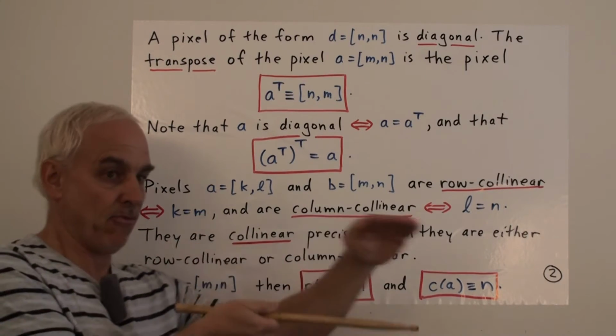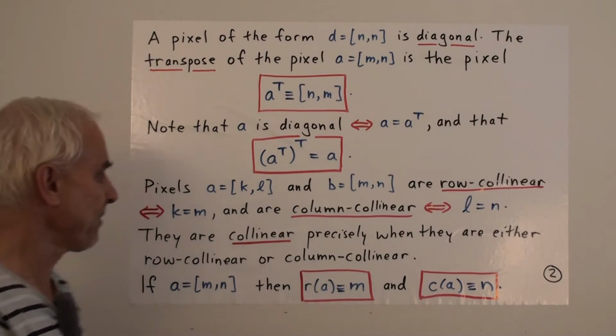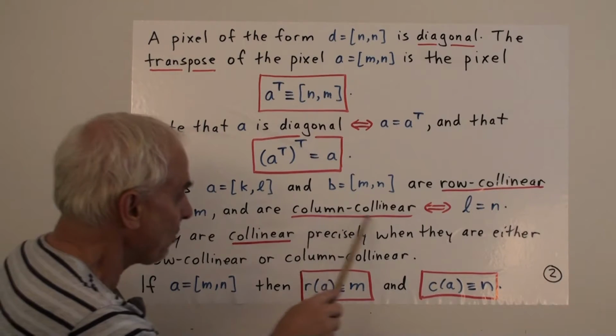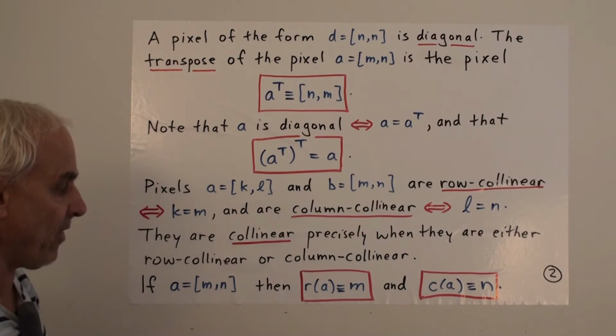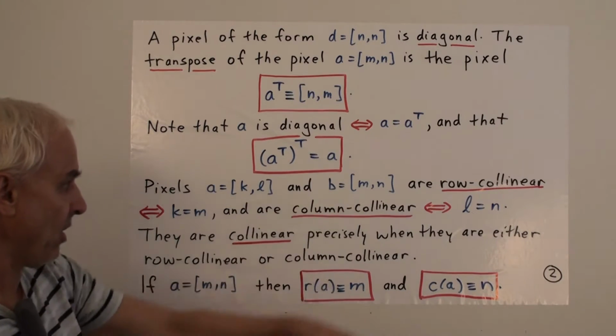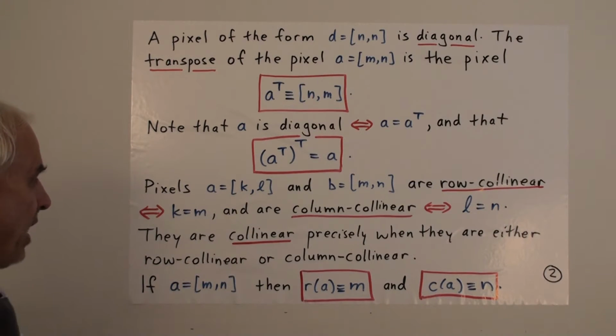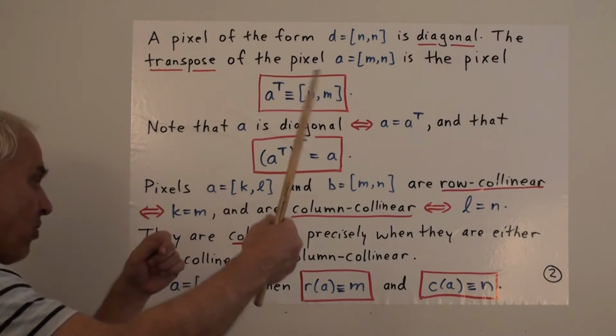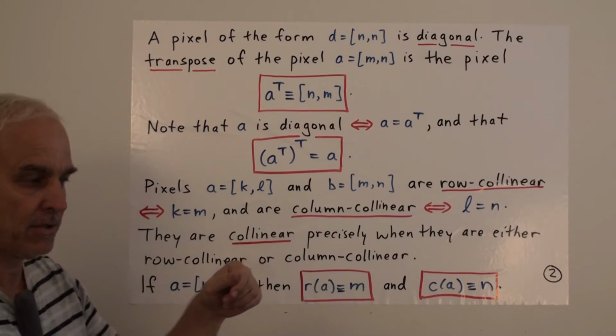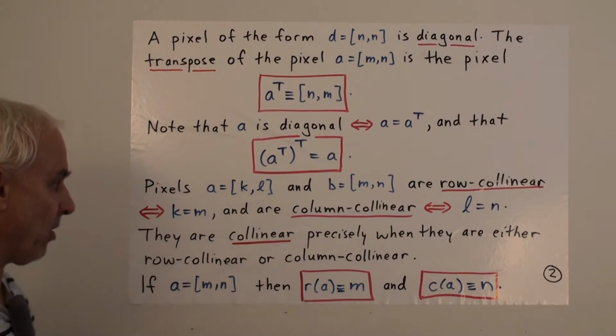Diagrammatically, that means they're in the same row of our screen. And correspondingly, they are column collinear precisely when the second entries match up, when L equals N. That's telling us that they're in the same column. And more generally, we'll say they're collinear precisely when they are either row collinear or column collinear. So they're either in the same row or in the same column.